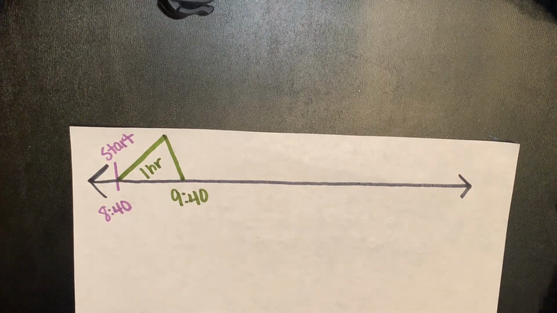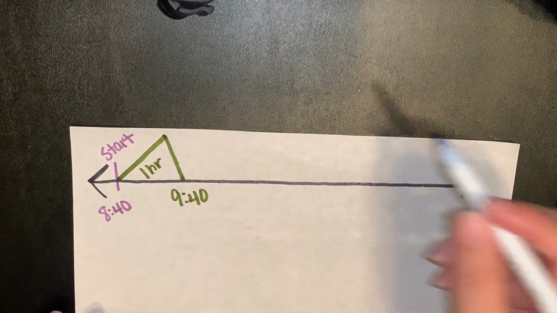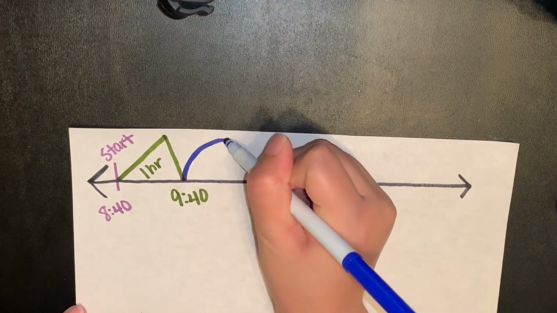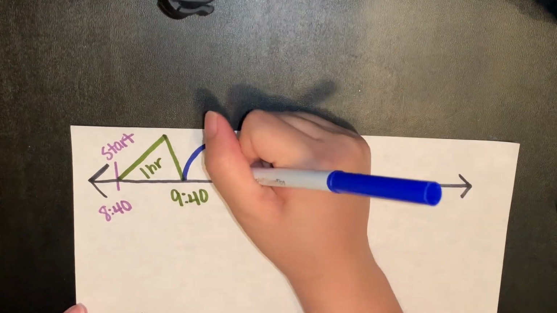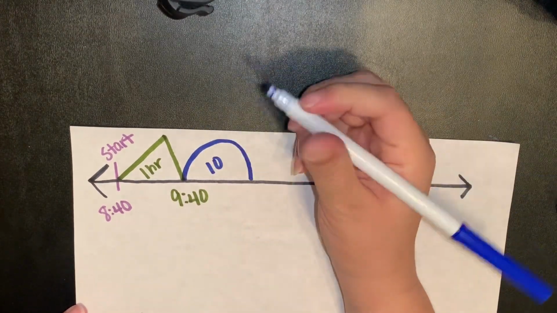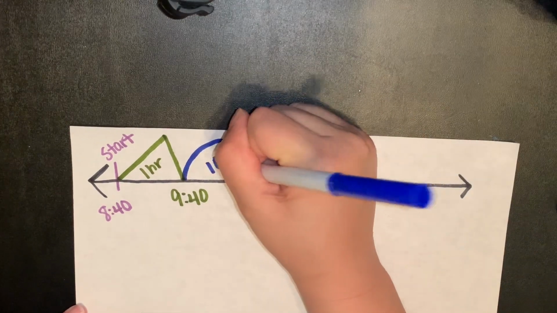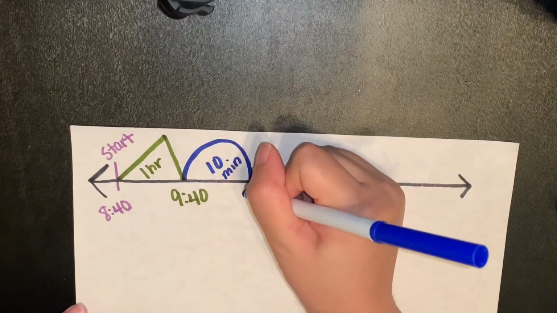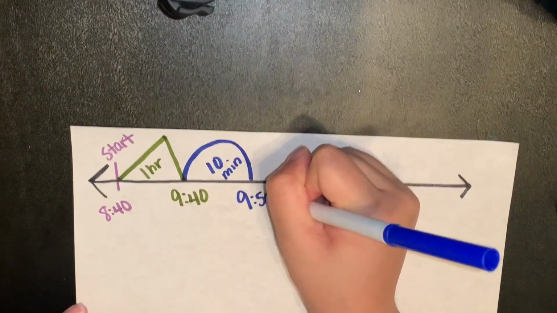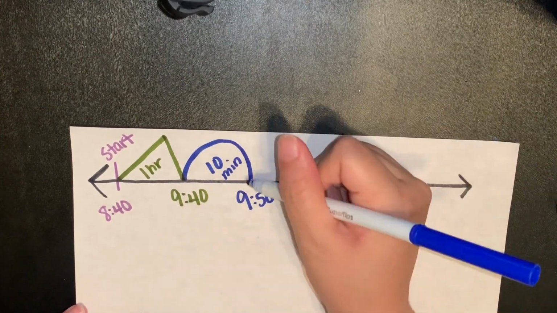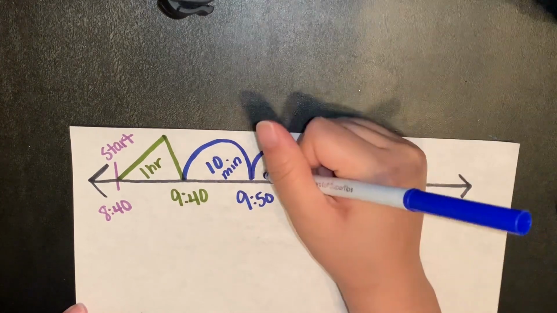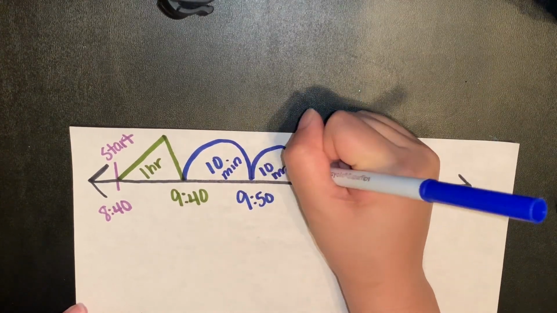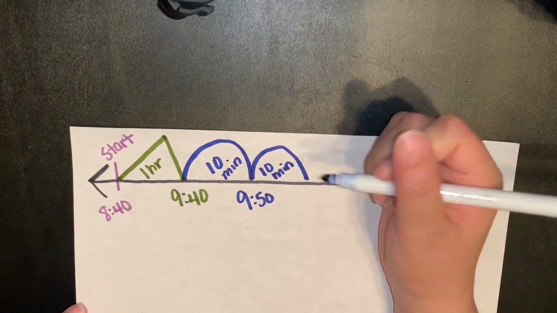So then I move to hills. And I'm going to label them. So I have a 10-minute hill. So 9:40 plus the 10 minutes equals 9:50. And then I add another hill. Label it 10 minutes.